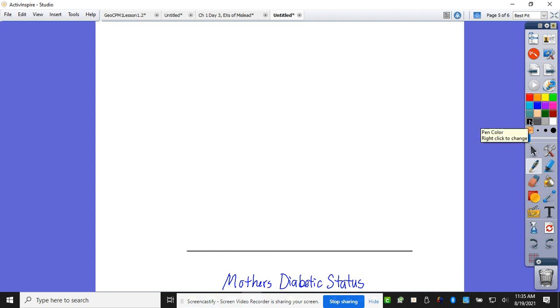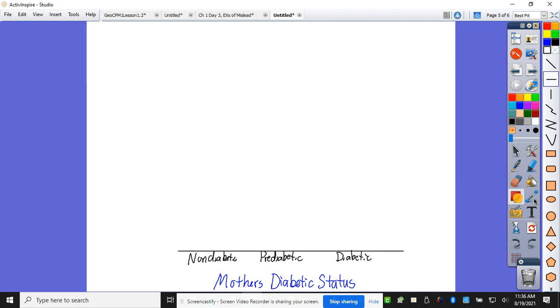So we have non-diabetic, pre-diabetic, and diabetic. I should have better spaced this out. My y-axis: percentage.